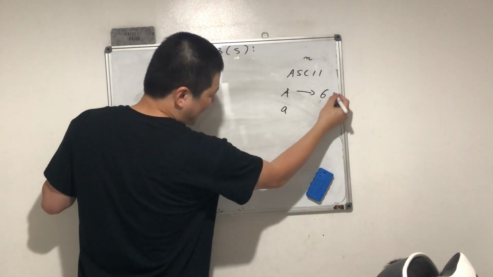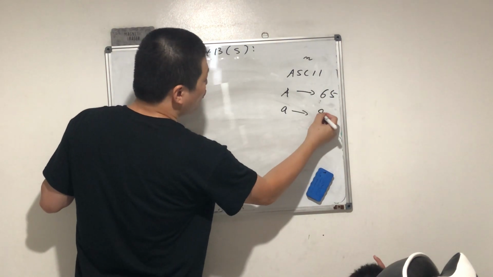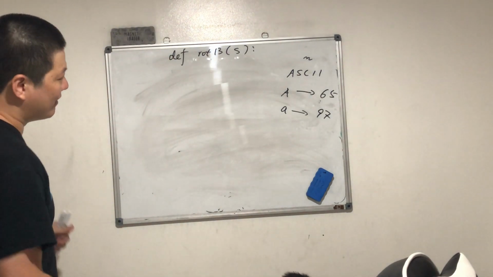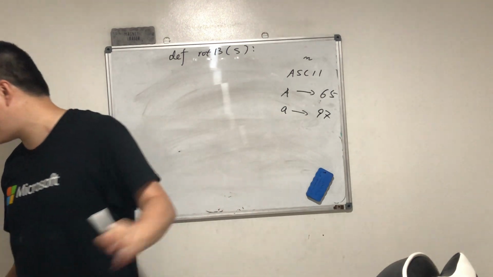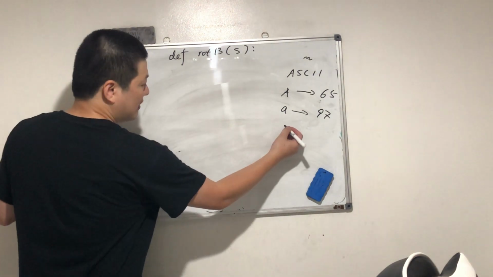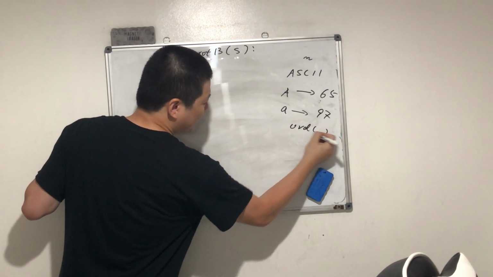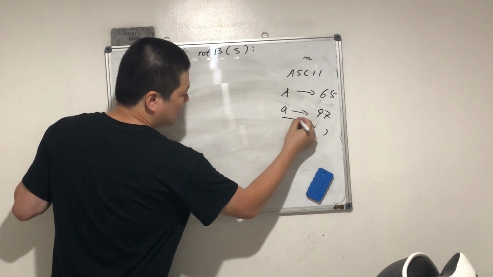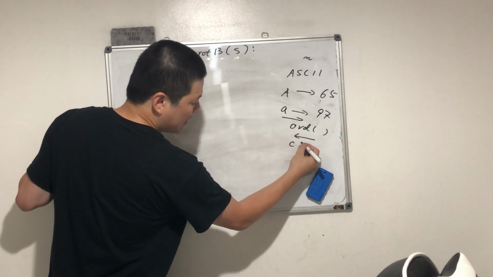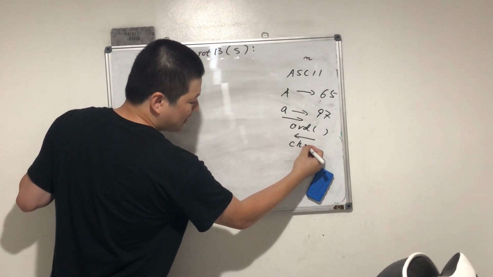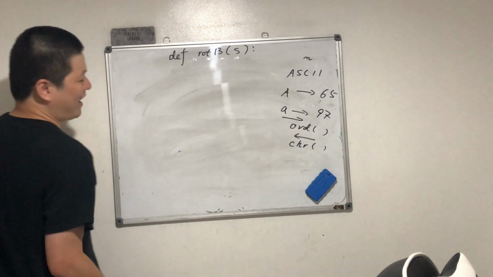And what's a? Yeah, well done. a is 97. Wow, this time we're brilliant. And how do we convert from a letter to a number? Which function are we using? ord. Okay, and how about converting it back? chr. Character. Yeah, ord and chr.